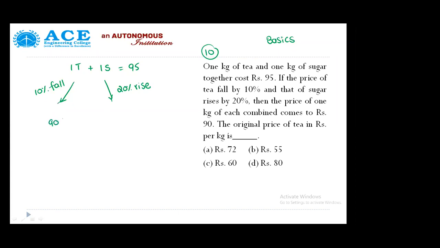So we can say 90% of tea plus 120% of sugar is 90. Why? Because of 1 kg of each combined, 1 kg of tea, 1 kg of sugar. Rise means increase, my dear friends. Rise is nothing but increase. Fall is nothing but decrease.